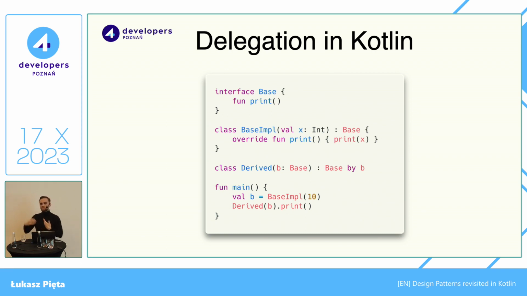I can just provide methods, and that's all. I will get a colleague on my team, and he will implement it. So that's basically it. We use the by keyword to explicitly say that, okay, I will get the b, which is a type of Base, and I'm a type of Base, but this b will implement these methods, so I don't need to. And this is basically how delegation in Kotlin works.